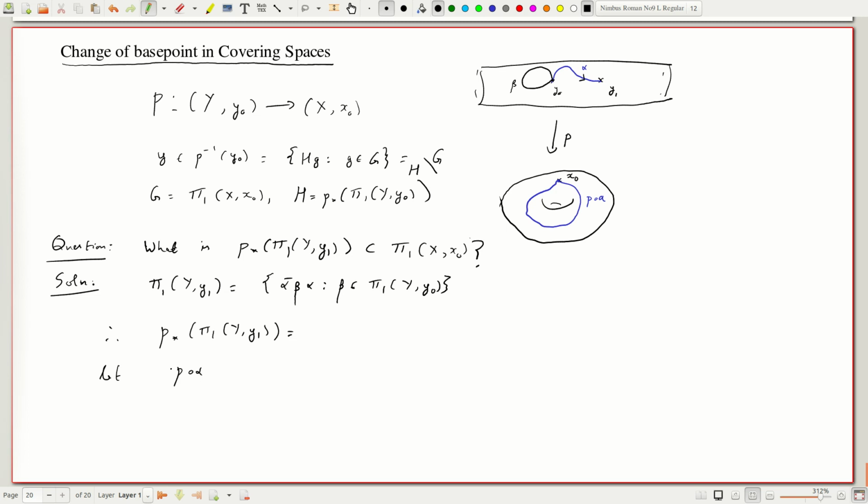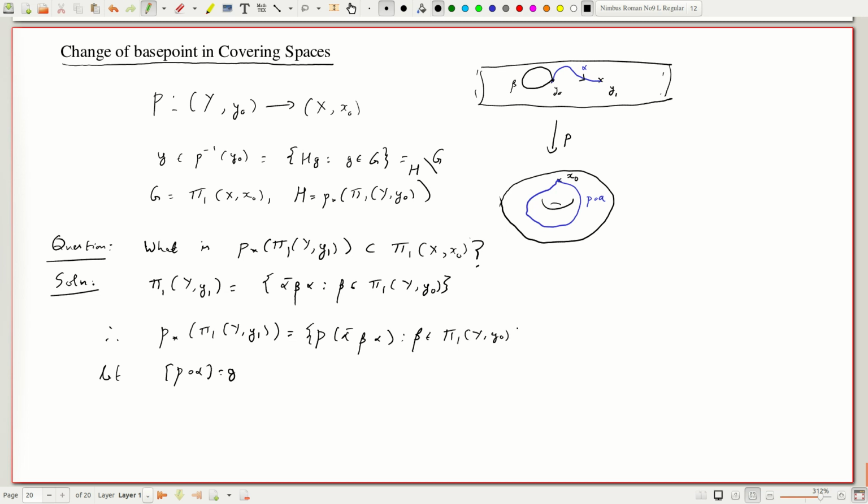let P composed with alpha, this class, be g, which is our notation. So this is going to be P of alpha bar beta alpha, where beta is in pi 1 of y0.